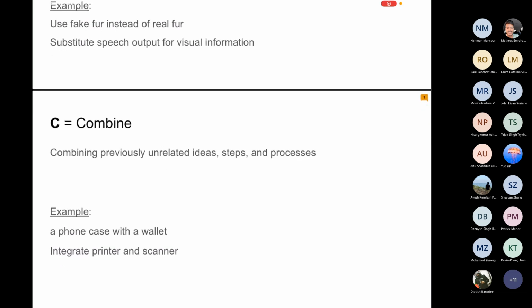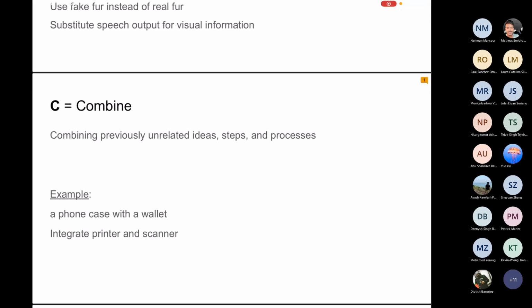I can combine unrelated ideas, even steps and processes, though sometimes they are not unrelated. In our field, IT, we can combine many things, like artificial intelligence and drones. Because I'm working on a warehouse management system, I'll give an example from this area.